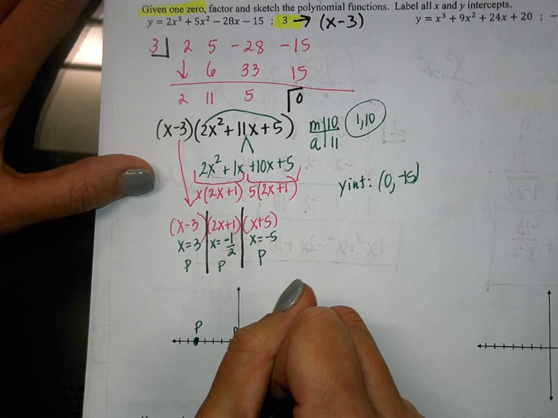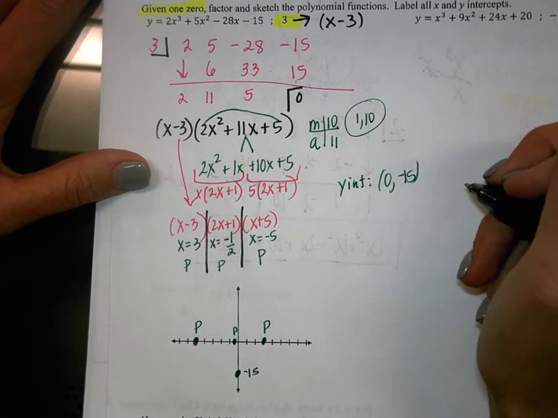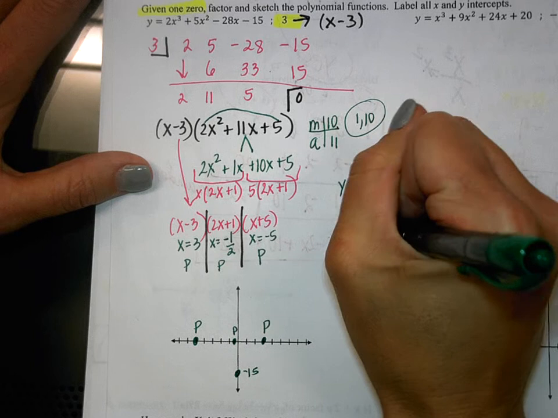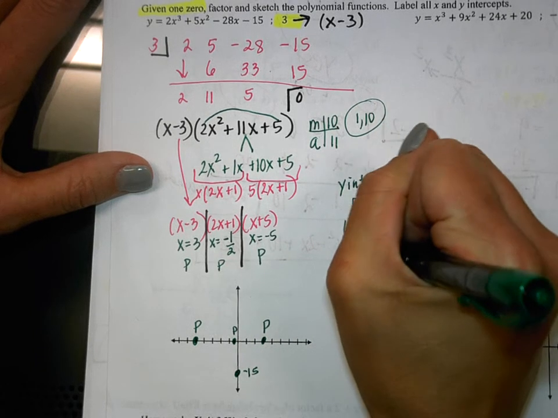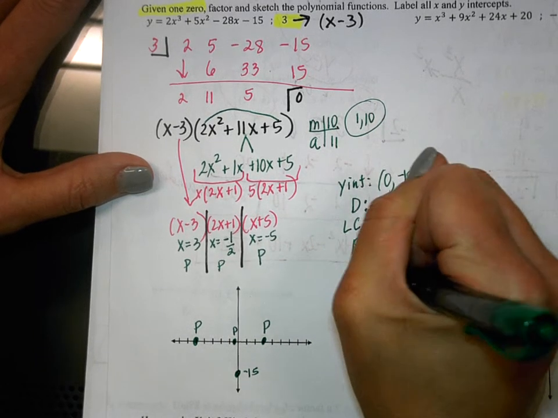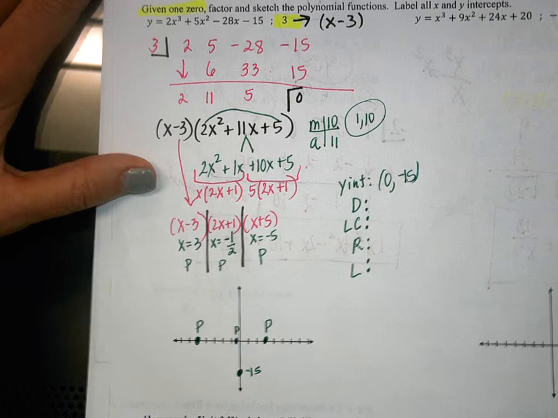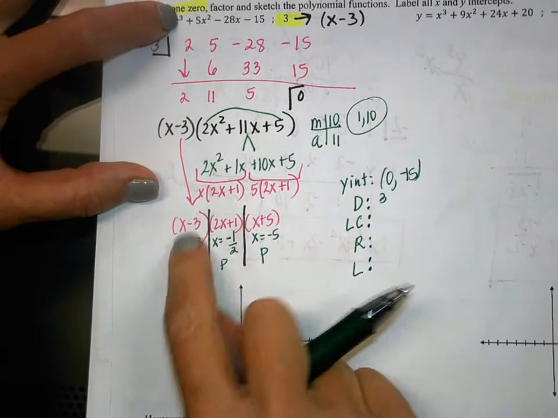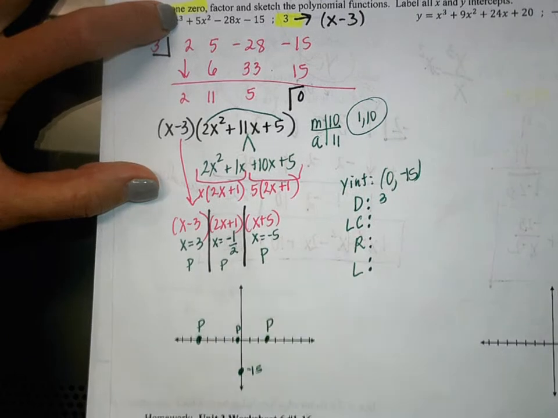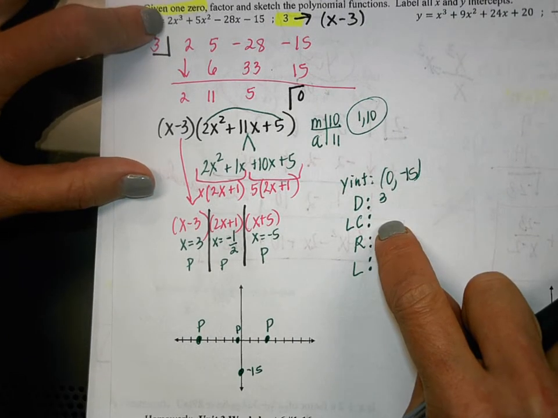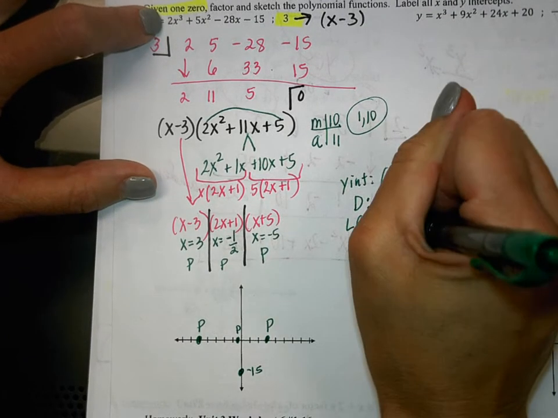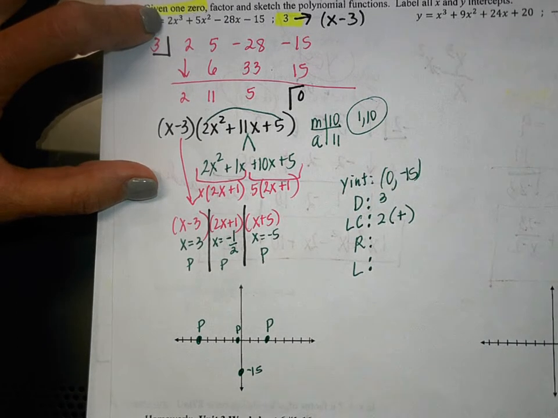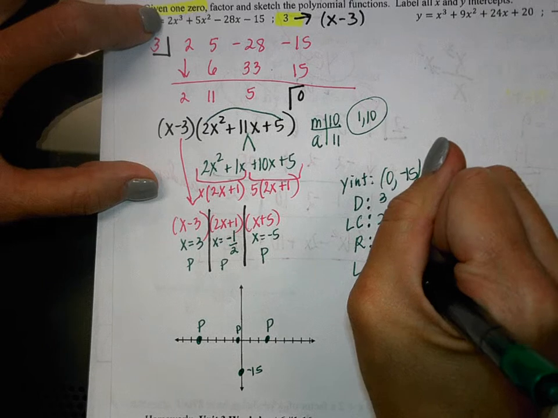Okay, now what else do I need? Good. Degree, lead coefficient, right end behavior, left end behavior. What's my degree? 3. If you count it here, 1, 2, 3. Lead coefficient is what? 2, and specifically it is a positive.